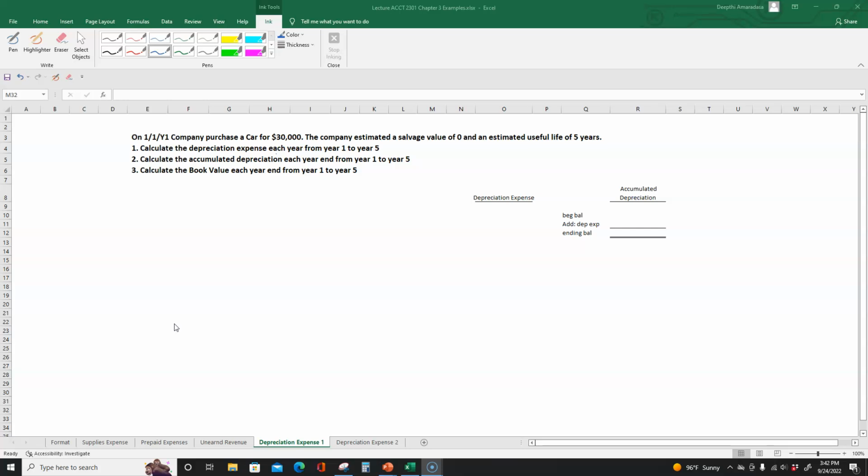Before we go do any of that, let's recall the 4 things you need to calculate depreciation. You need cost. Did they give us cost? Yes, cost is $30,000. You need the salvage value. Did they give us salvage value? Yes, they gave a salvage value of 0.